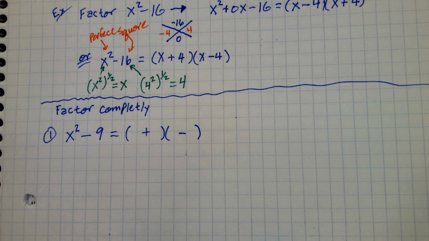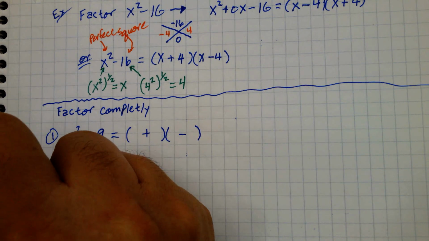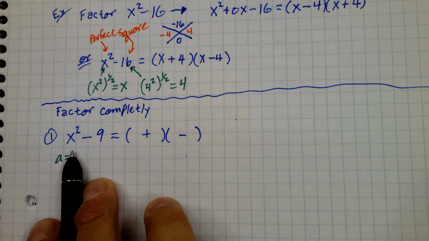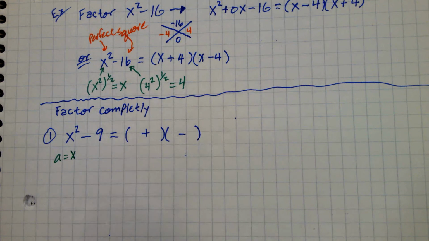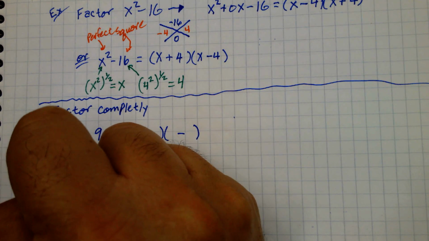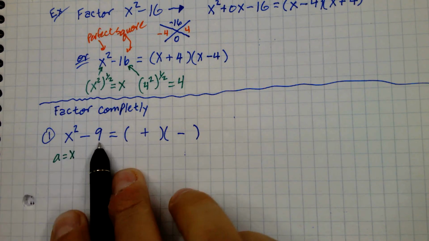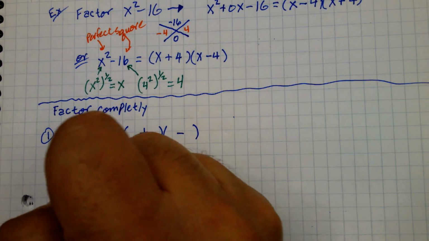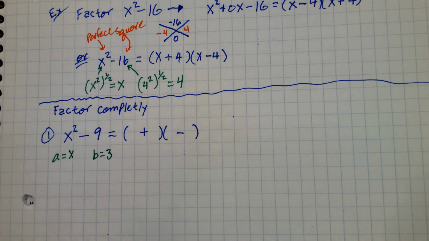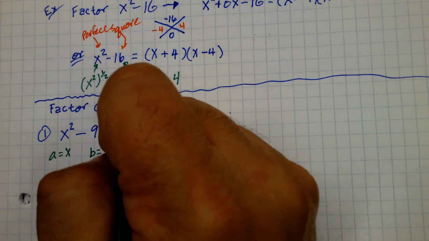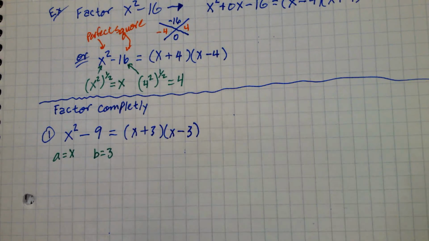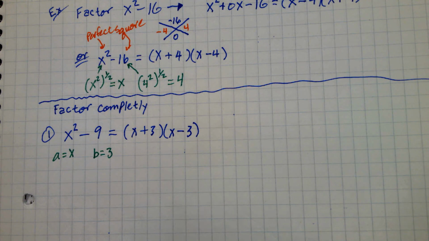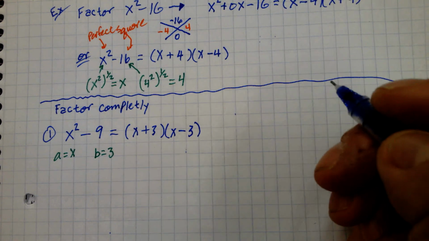Instead of a, I want the square root of x squared, which is x. Instead of b, I want the square root of 9, which is 3. So our answer would be x plus 3, x minus 3. Okay. Any questions?